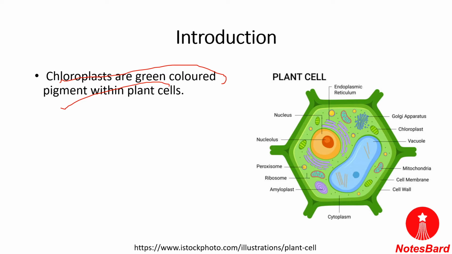In vascular plants, the shape resembles a lens or a disc. In algae the shape may vary; they could be round, oval or tubular. So this is what a chloroplast is.